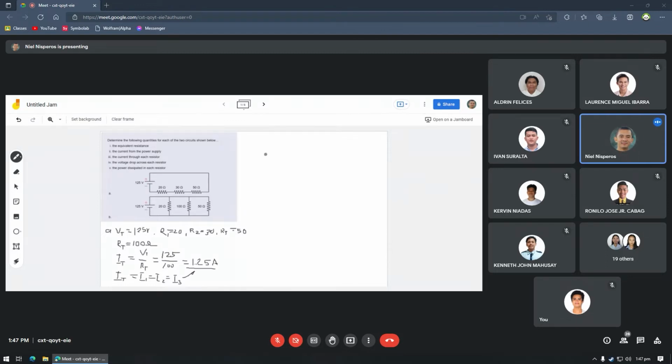Okay. So now solve for the voltage drop. So V1, or voltage across R1, what will we use, class? Voltage across R1 is R1 times I1.